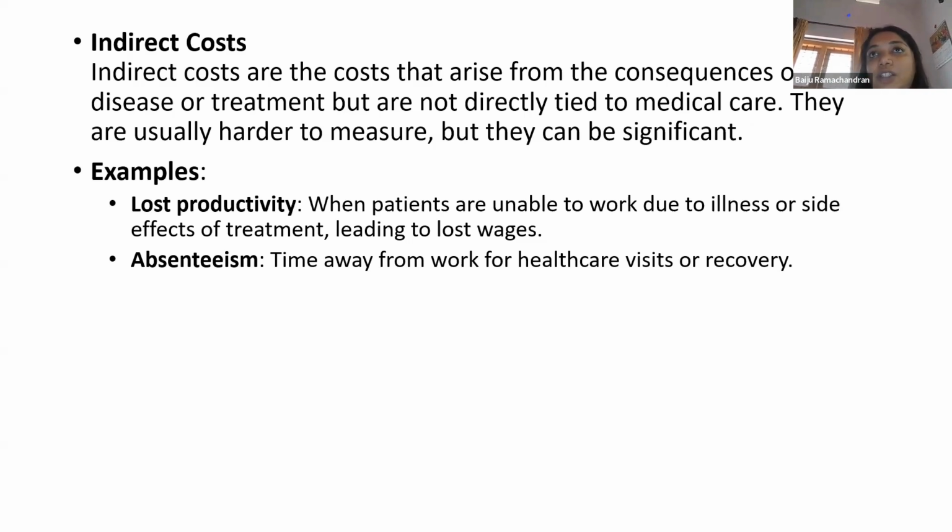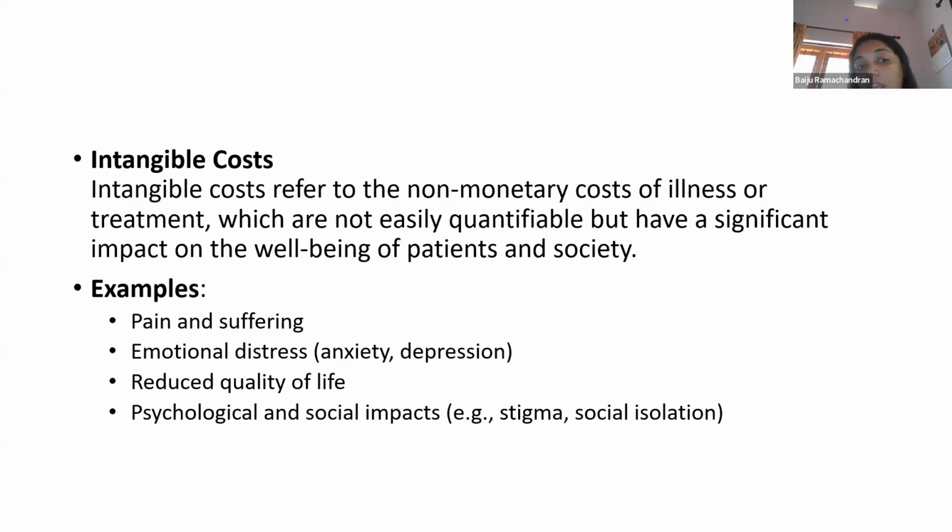Now just think, if a small kid is not well, the father and mother both have to take leave. So both parents are getting money loss because of their absenteeism. So that is meant by indirect cost. Loss of productivity or absenteeism is meant by indirect cost. Now, intangible cost. Intangible cost does not refer to monetary value.